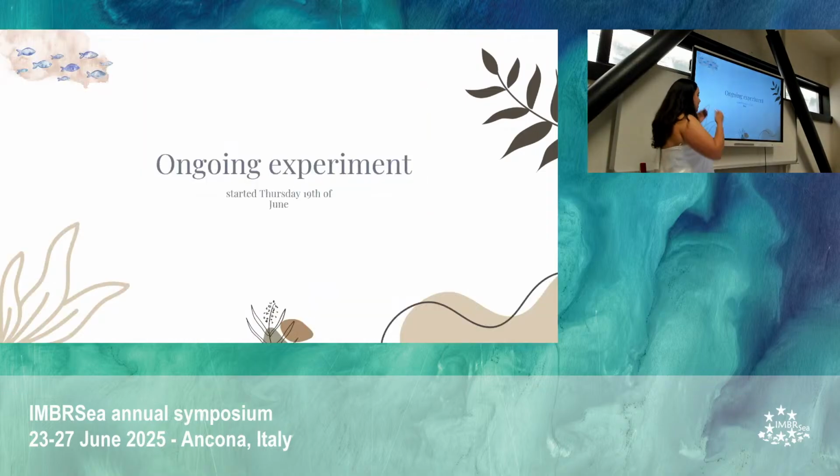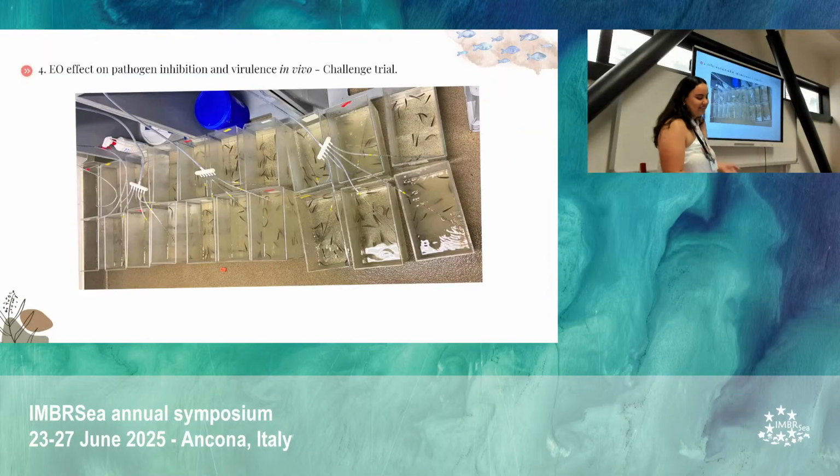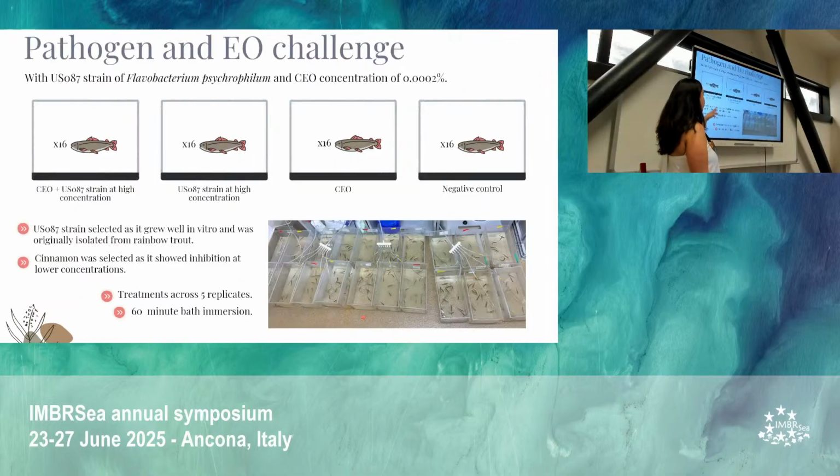So the ongoing experiment that I started last Thursday is everything, all of the treatments that I have brought up into one experiment. So I have 5 replicates per treatment, where I have 16 fish in each bath. I have the essential oil with the strain that I selected from the growth curves.